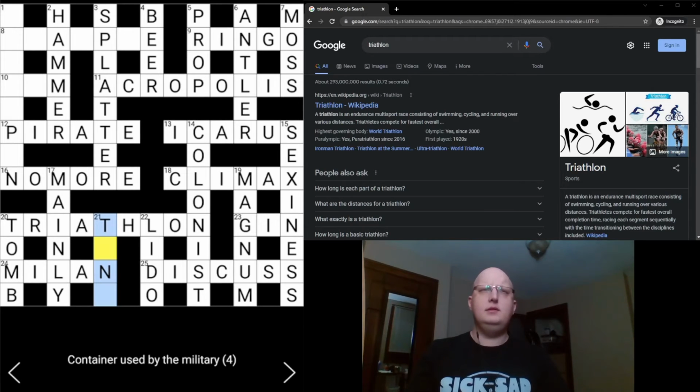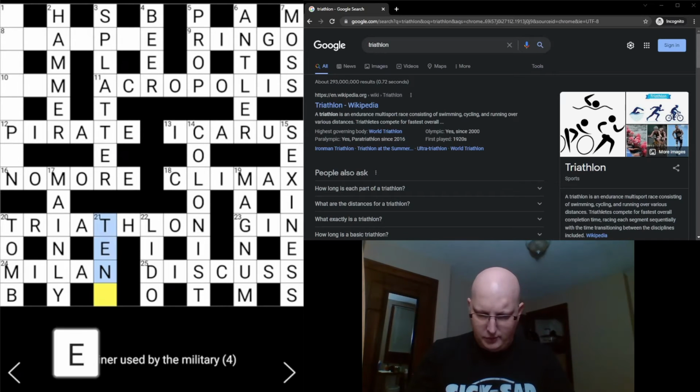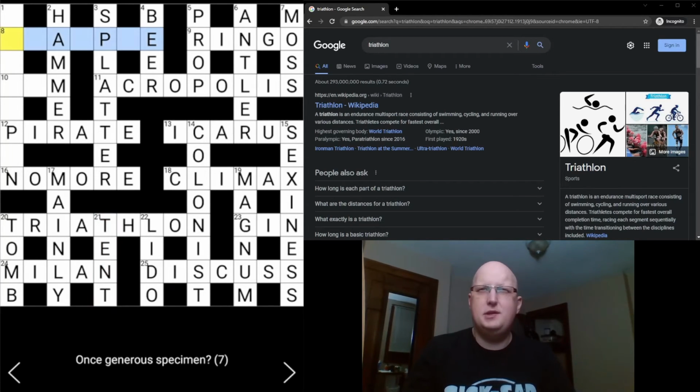But yeah, I'm not sure. Container used by the military. Well, I don't see the letters for tent anywhere. Let's put tent and see if we're right at the end. Sorry, that's kind of cheating. I mean, I already was looking up words online, but you know, figure it out.